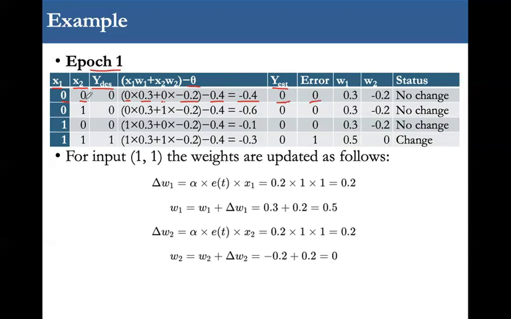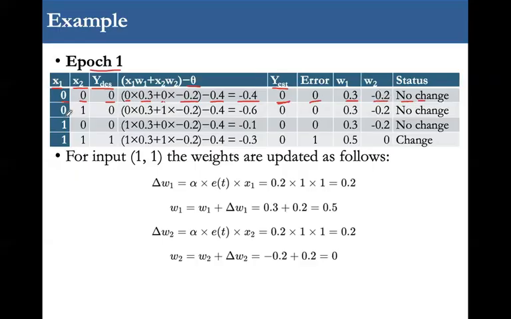What is the error? Here the y desired value is 0 and y estimated value is 0. So the error is 0. And there is no change. It means that the weight is the same weight. W1 is 0.3 and W2, the weights are not changed. So W2 is minus 0.2.